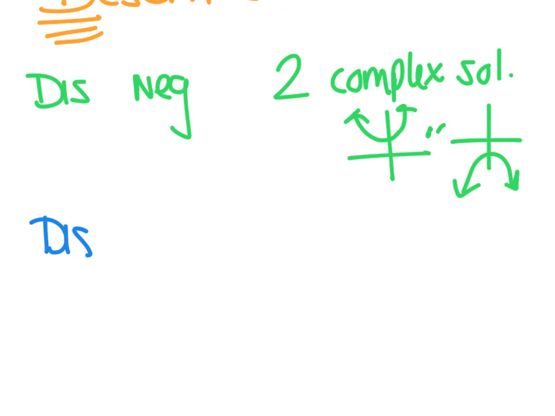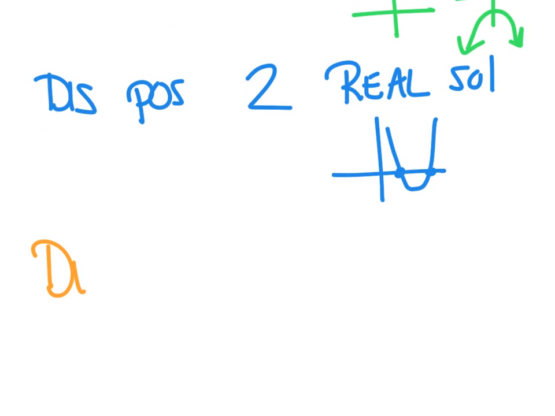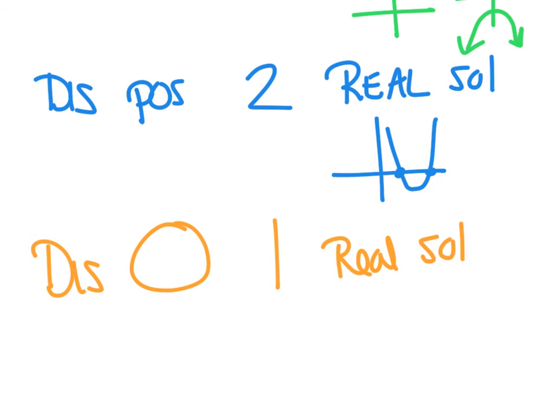If the discriminant is positive, there are 2, this time instead of being complex, they are real solutions. So we should touch the x-axis twice. If the discriminant is actually 0, that means there is 1 real solution. And it should only touch the x-axis once, and we call that tangent to the x-axis.